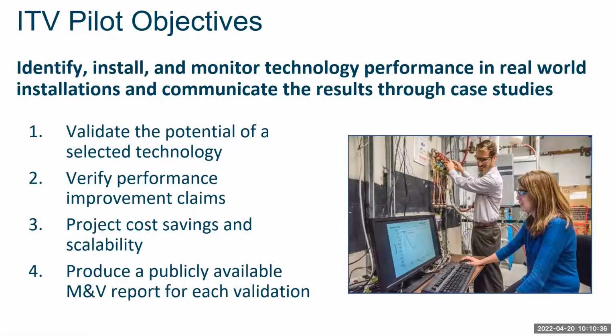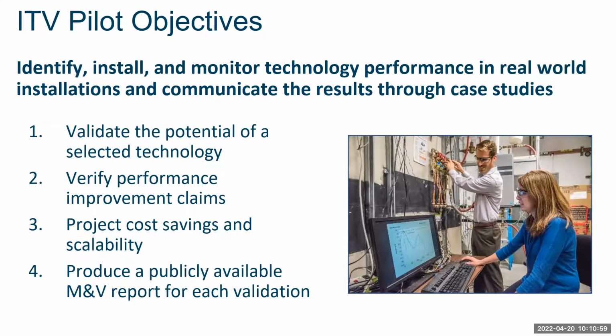So how exactly will the pilot work? You can participate as either a technology developer, vendor, or as an industrial host site. Technology developers can apply individually or through a joint application with the host site, and industrial host sites that are considering adopting an emerging technology can apply with a specific technology in mind, and my colleague Paul Schaefer will go into more details about this.